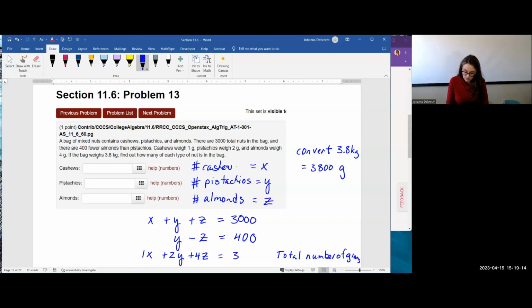So this is equal to 3,800 because I need the units on the left and the units on the right to match. Now I've got 3 equations and 3 unknowns, so I should be able to solve it if there's a solution. So go ahead and pause the video, either use an online calculator or you can do it by hand, and then come back when you think you've got the answer.